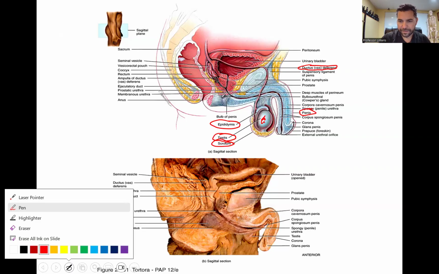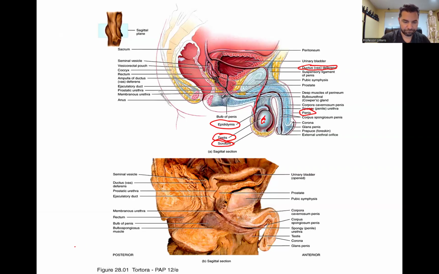That is the structure that will carry the sperm from the epididymis up, out, and around, passing by the seminal vesicles, which will contribute fluids and things like that to the semen.